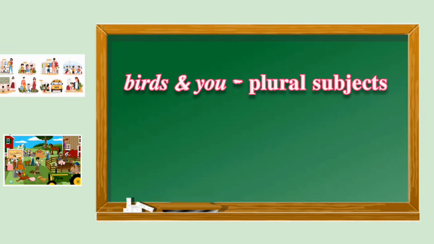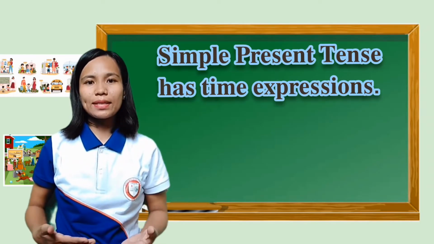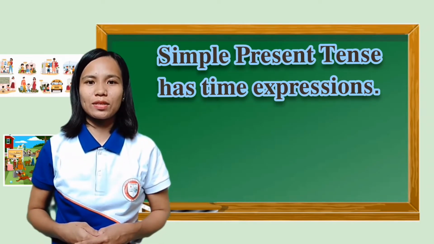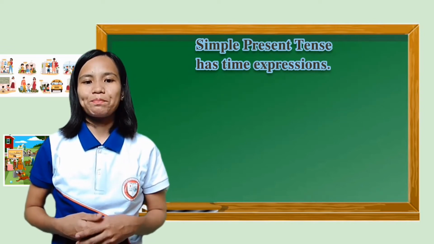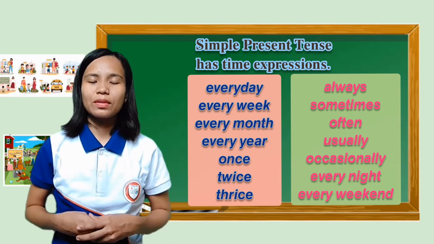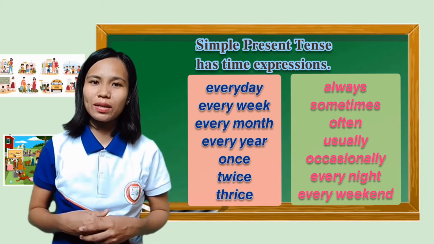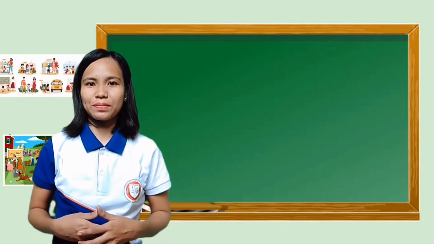The birds and you are the plural subjects, while fly and brush are the plural form of verbs. Simple present tense has time expressions like every day, every weekend, twice a day, twice a month, thrice a week, and many others.